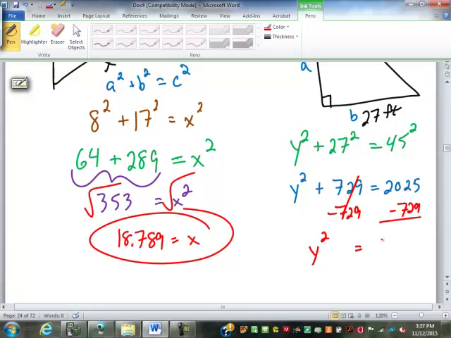Which is going to give us, what, 1,296? Is that correct? So now we have to square root. The square root of 1,296 is 36. There's no squared there. So y equals 36.